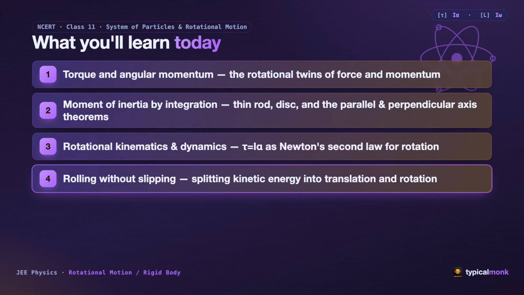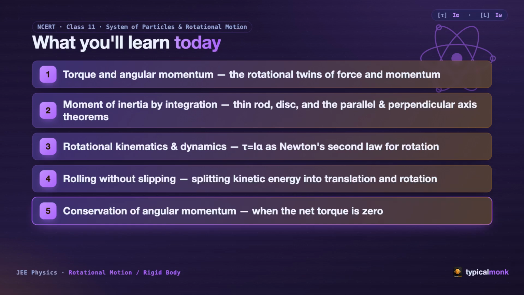Fourth, rolling without slipping, how kinetic energy splits into a translation part and a rotation part. And fifth, conservation of angular momentum, exactly when it holds, and how a spinning skater speeds up by pulling in her arms. Ready? One idea at a time.